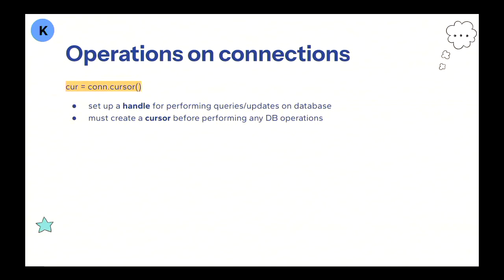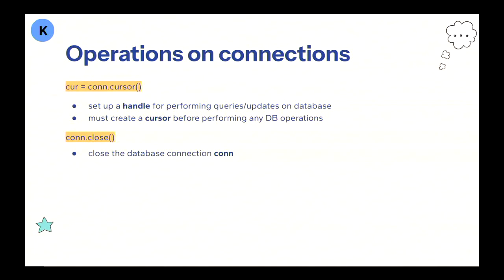It is like a handle for sending statements to the DBMS and for collecting results from the DBMS. This is the function of the cursor, and we must create a cursor before we could actually perform DB operations. So this is the first one, and the second one, of course, is close.